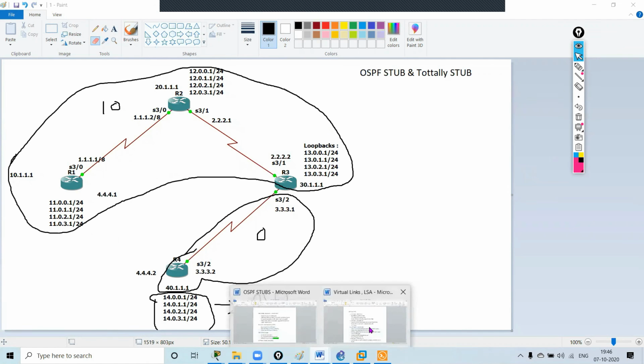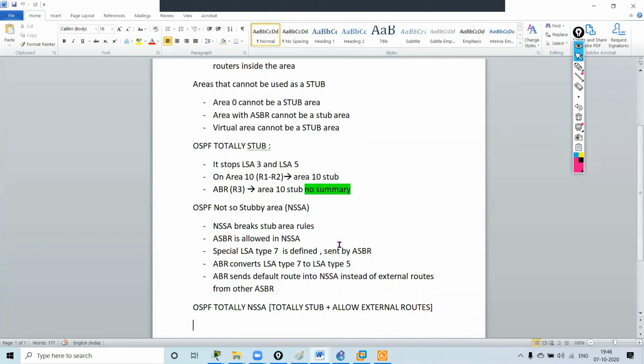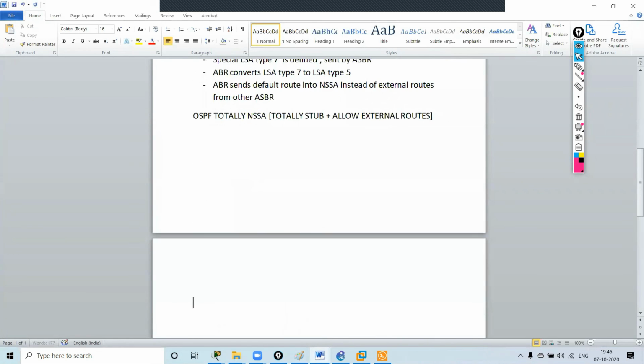Can you just once speak the redistribution command, OSPF into RIP or RIP into OSPF? I just forgot to explain the redistribution thing. That is my mistake. Okay. So if you want to redistribute RIP, you have to go in the OSPF mode and give one command, redistribute RIP subnet. That's it.